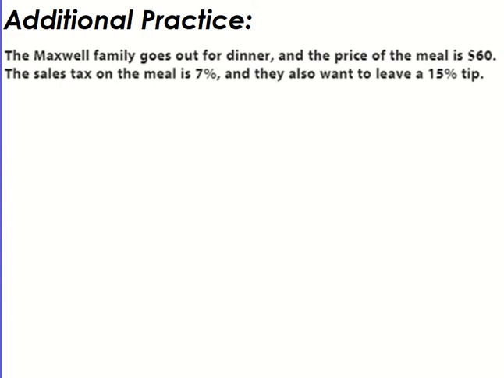So this is our additional practice. This is for when we go out to dinner and you sit down in a restaurant, right? You get the bill for everything, so you're going to have to pay the bill. But on top of the bill, so added to the bill because it's sales tax, you have to pay a percentage on the cost of the bill.